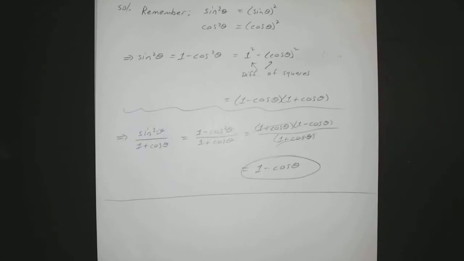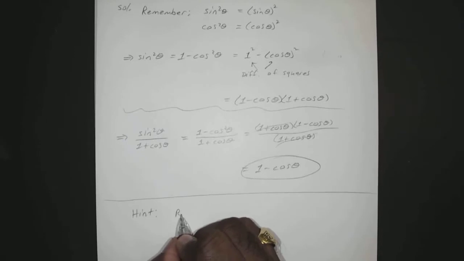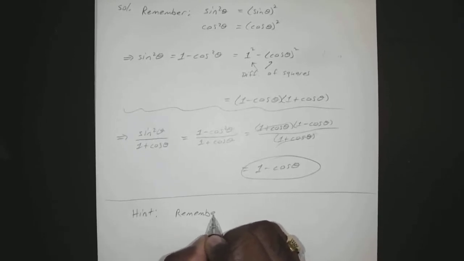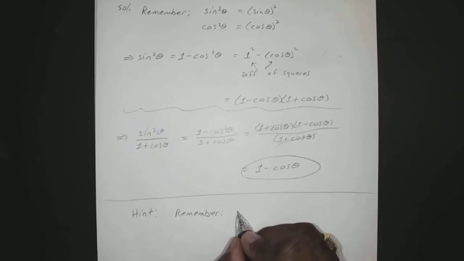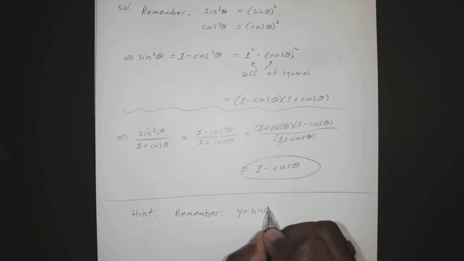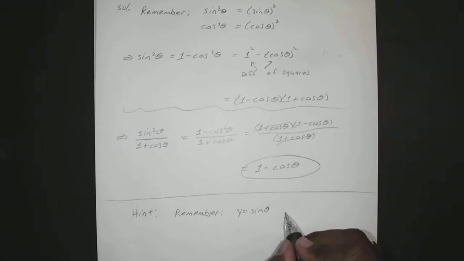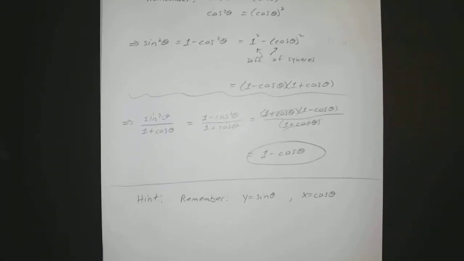Now, a lot of times, there are times when you may look at this and not know exactly how to get started. Remember that y equals sine of theta, x equals cosine of theta.